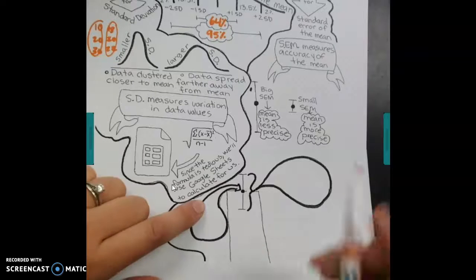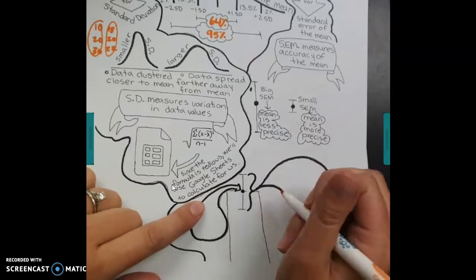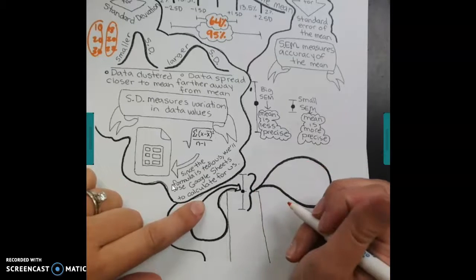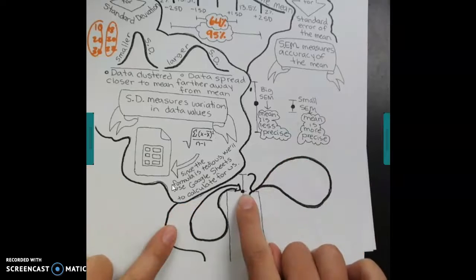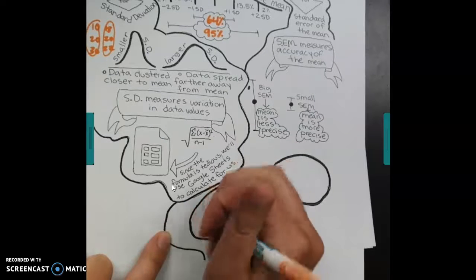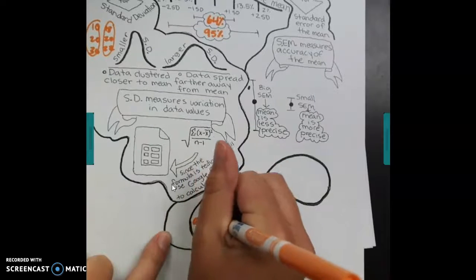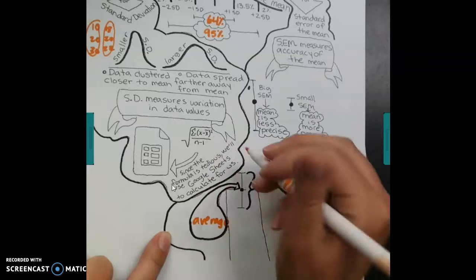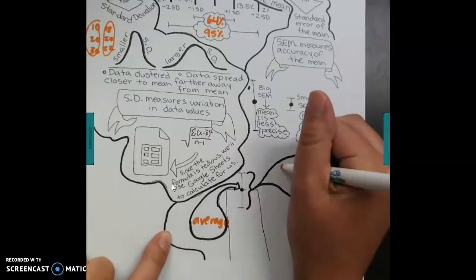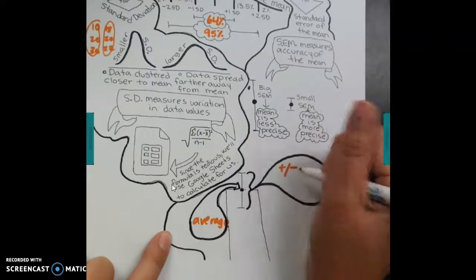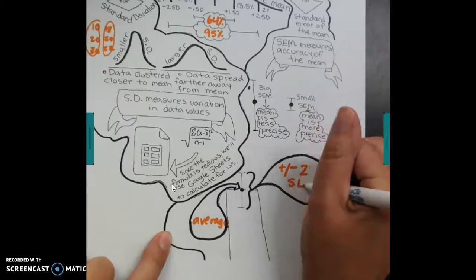So when we graph standard error of the mean, we're going to graph plus or minus 2 standard errors of the mean. So this little dot here would be what your actual average, or your mean, is. And then going up or down would be plus or minus 2 standard errors of the mean.